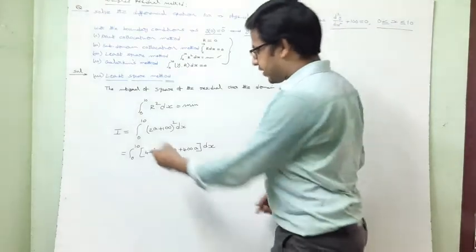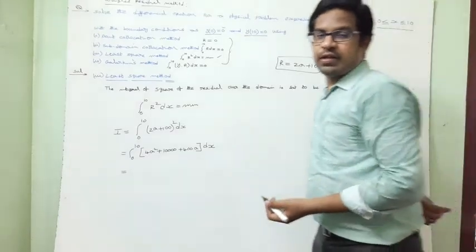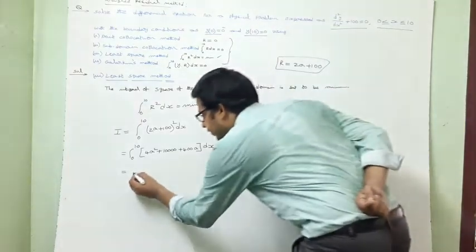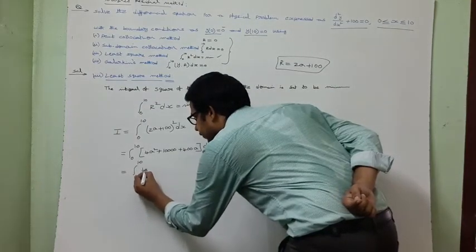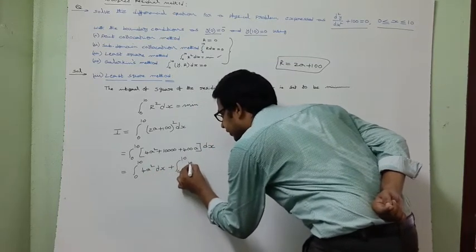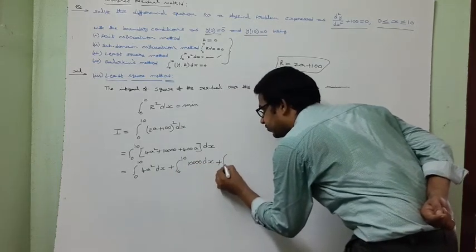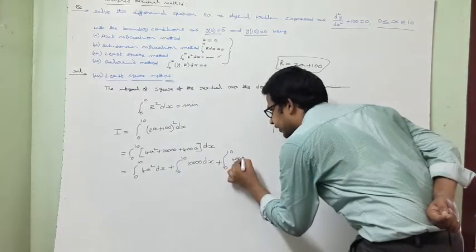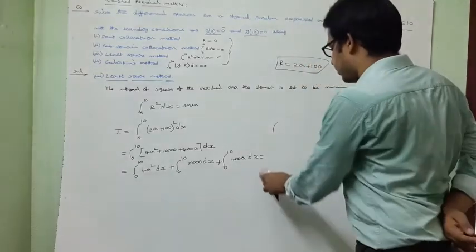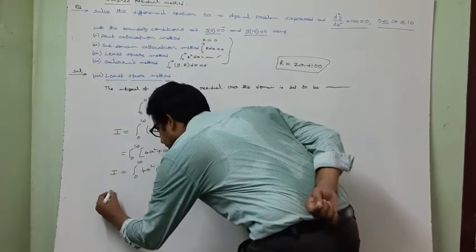So here, integral of 0 to 10 of 4a square dx plus integral of 0 to 10 of 10,000 dx plus integral of 0 to 10 of 400a dx is equal to the minimum.